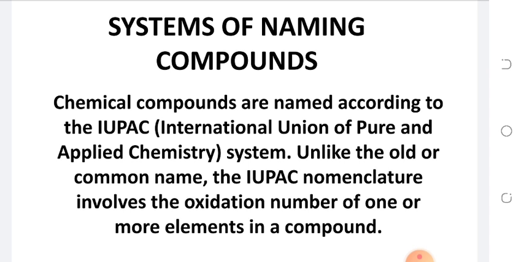But nevertheless, we need to let you know that if the chemical compound you are naming is an organic compound, you will not need the oxidation number of any of the atoms. But if the compound is an inorganic compound, you will need the oxidation number of one or more elements in the compound for you to be able to use the IUPAC system in naming such a compound.